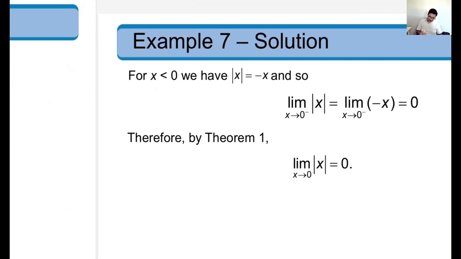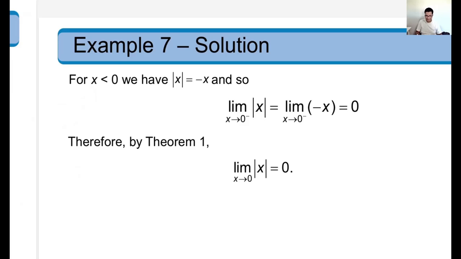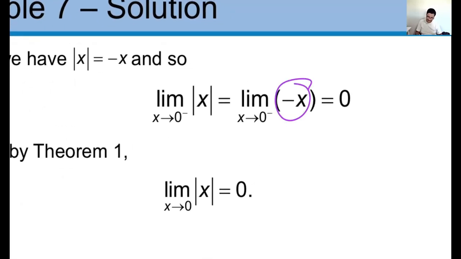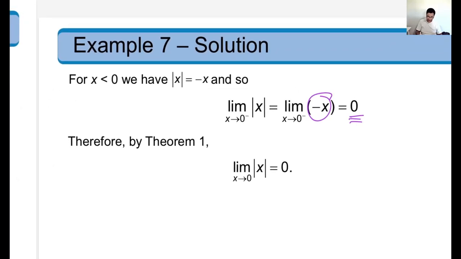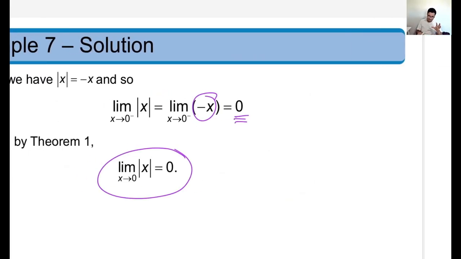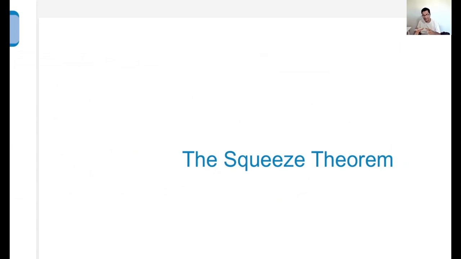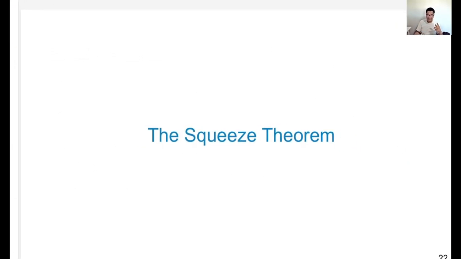And then you can look at the left hand limit, in which case it is negative x, but as x approaches 0, that is also 0. And because on both sides the limit is 0, the overall limit is 0. That was a very simple example to illustrate. We will do more when we are doing exercise problems later. Okay, moving on.